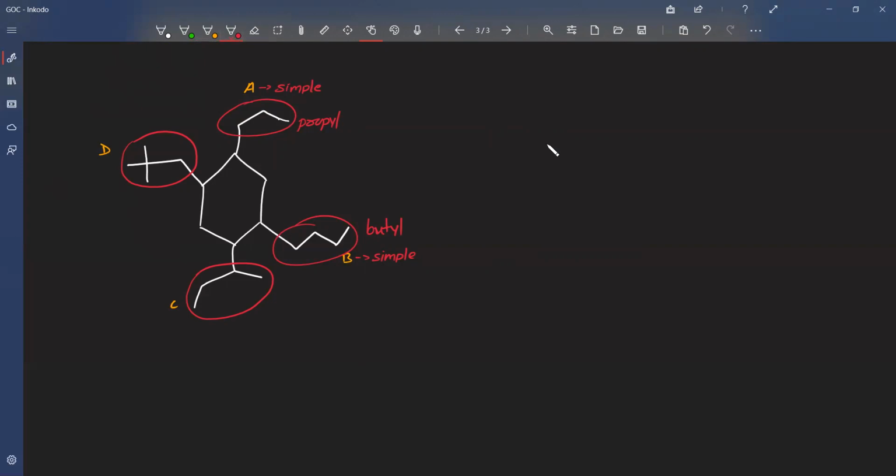C. See, I'll tell you the rule, the trick which you have to follow here. You have to identify the longest chain starting from the carbon which is directly attached to the ring or to the main chain. One thing is for sure, that the cyclohexane is the main chain. Now, which is the carbon which is directly attached to the main chain or the ring?